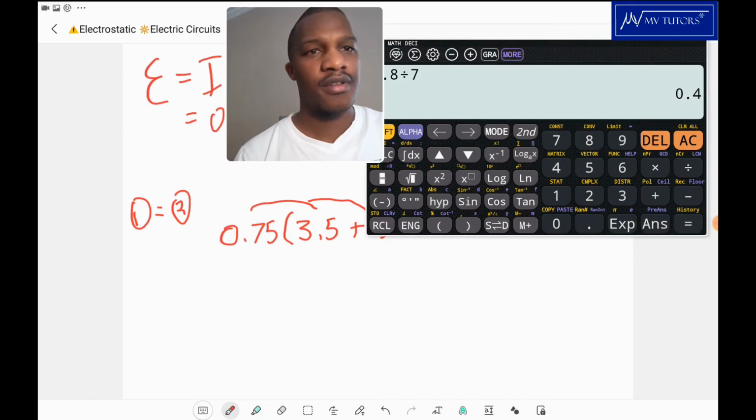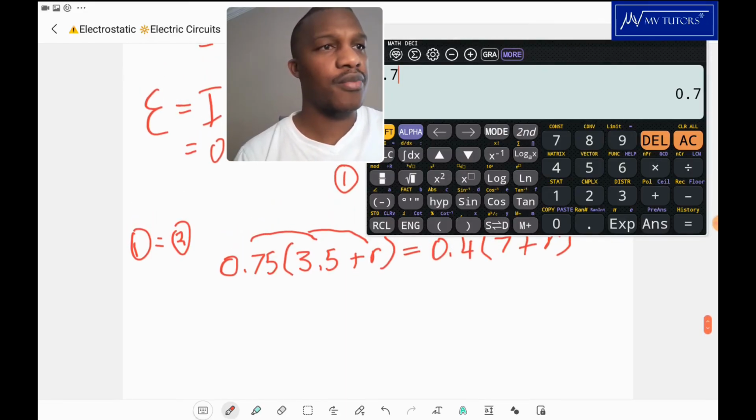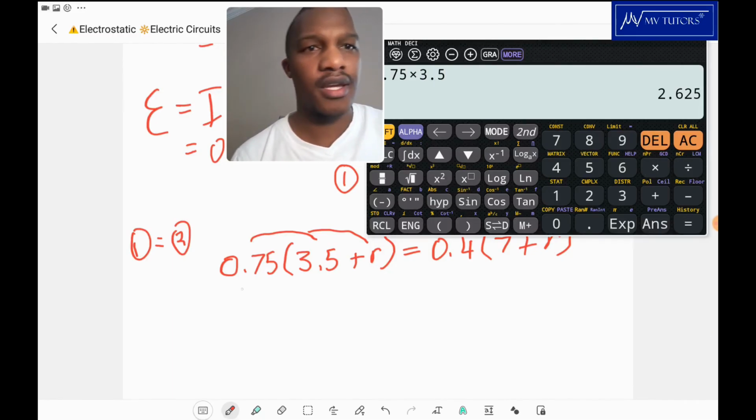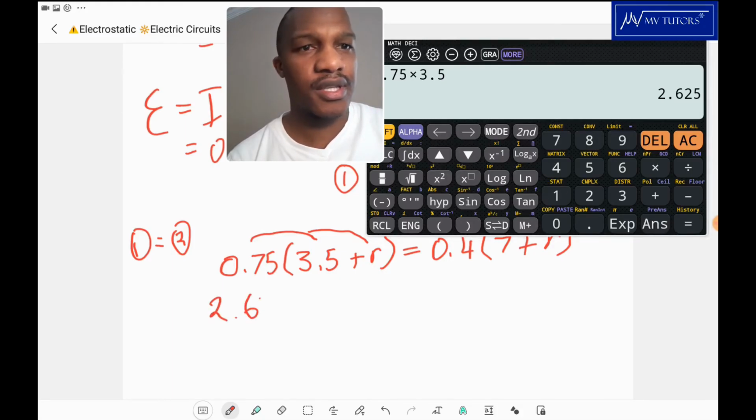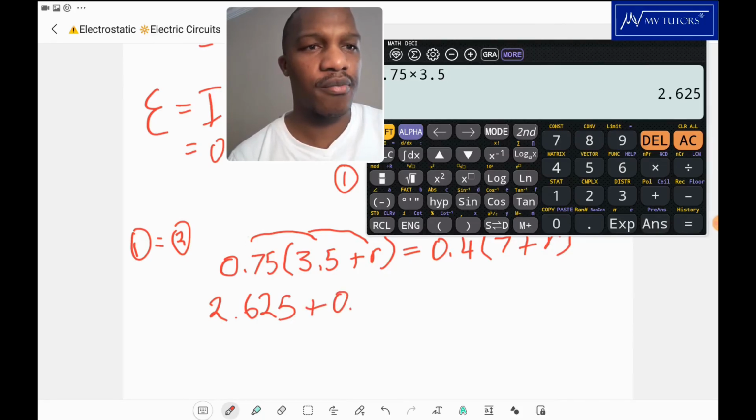The first one is going to be 0.75 times 3.5, and I get 2.625 plus, if I multiply that one, 0.75 r.